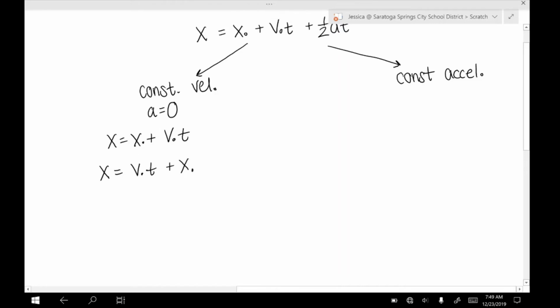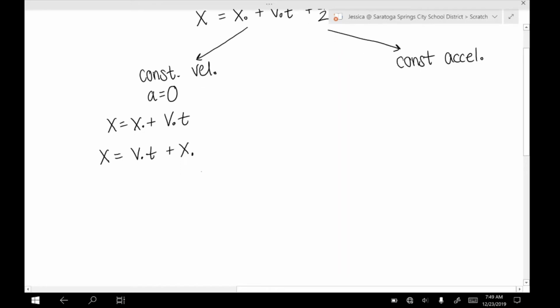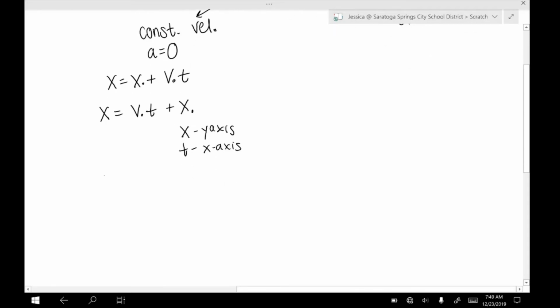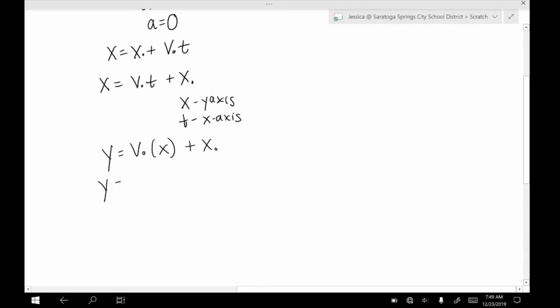So if we're writing a position versus time graph, that means x is on the y-axis, which is strange, and t is on the x-axis. So in my equation, if I replace x with y and t with x, this looks very similar to y equals mx plus b.